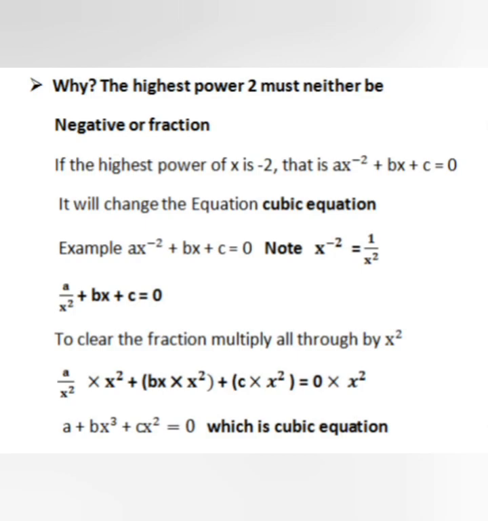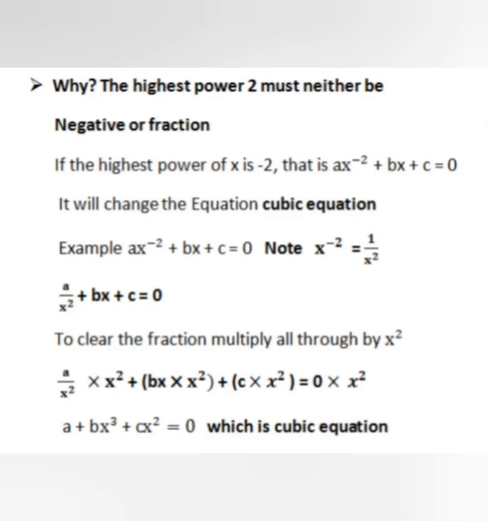To clear the fraction, we multiply all through by x squared, and we have a all over x squared multiplied by x squared, plus bx times x squared, plus c times x squared, equals 0 multiplied by x squared.